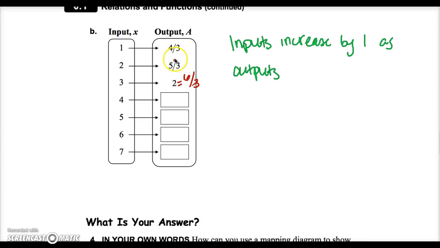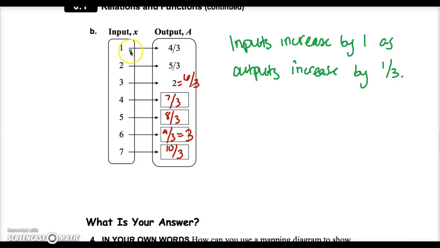So right here you should see a pattern. 4/3, 5/3, 6/3. Next will be 7/3, 8/3, 9/3, which would be equal to 3, and then 10/3. So the outputs are increasing by 1/3 each time.